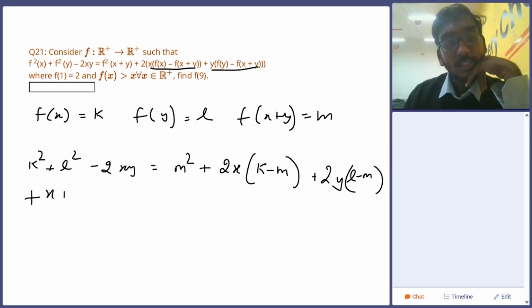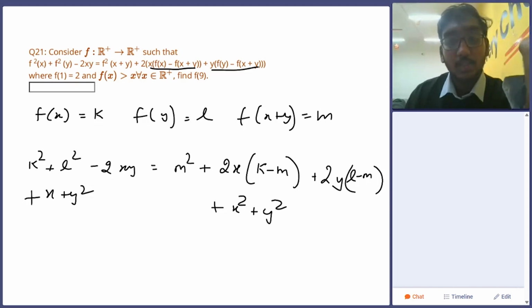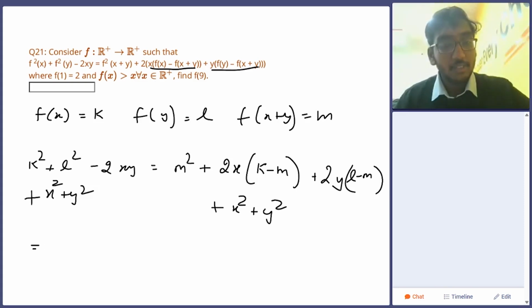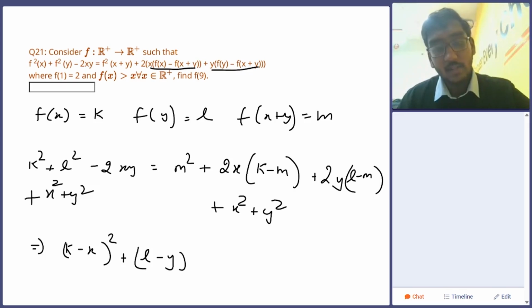So now what you can do is you can just add x square plus y square on both sides. Okay. Because on both sides we need x square and y square terms to complete the squares. Okay. So after this, what you will be getting is something like this: k minus x the whole square plus L minus y the whole square equal to m minus x plus y the whole square.